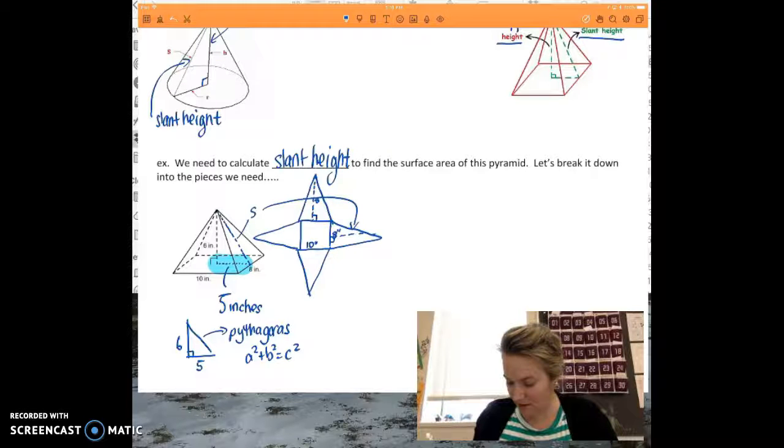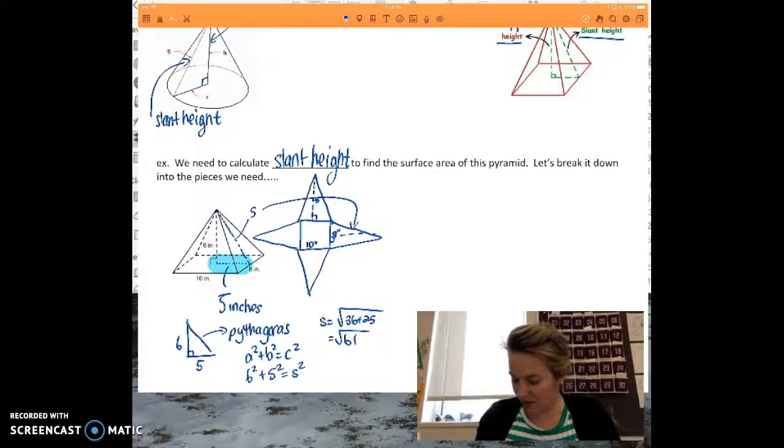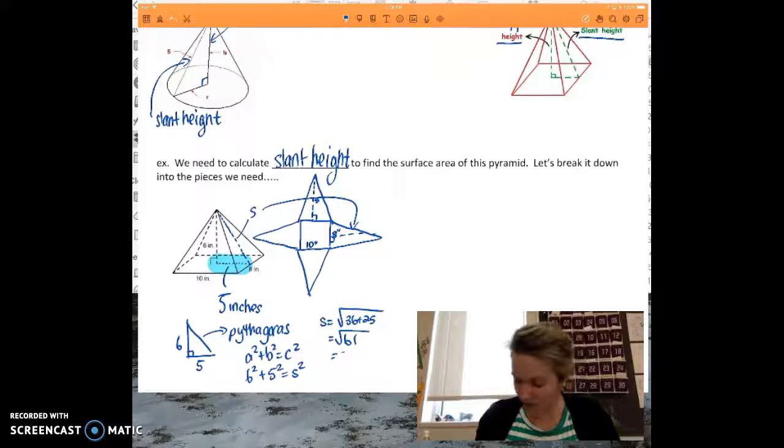In this case, 6 squared plus 5 squared equals s squared. So s is going to be the square root of 36 plus 25, which is the square root of 61, which, rounded to one decimal place, is 7.8.